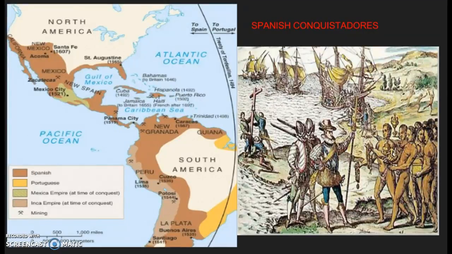Looking at models of conquest, starting with Columbus, this is an etching, a painting, based on Christopher Columbus's landing in the Caribbean, in the Bahamas, and into Cuba and Hispaniola, in that area, where he first landed in 1492. It was a model of conquest.